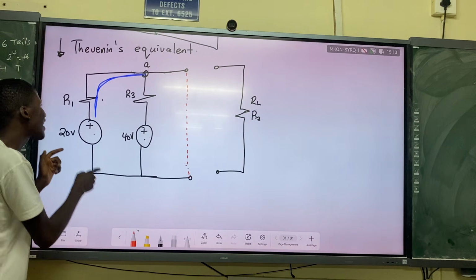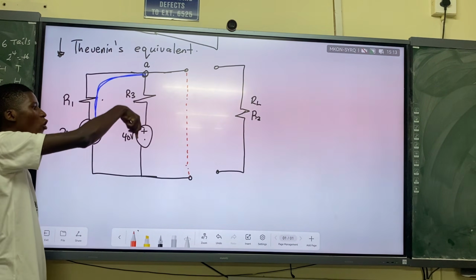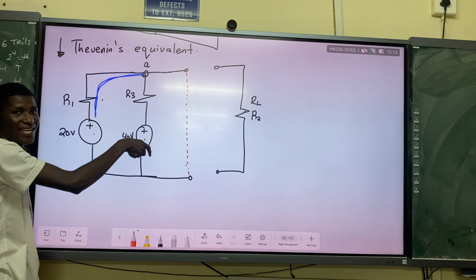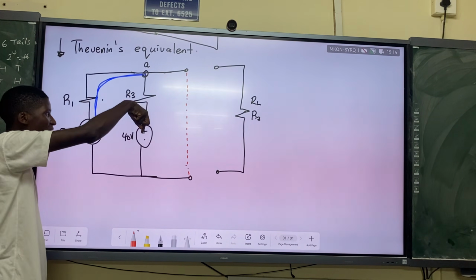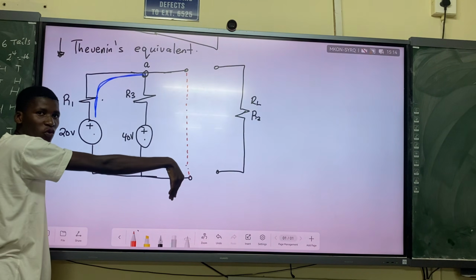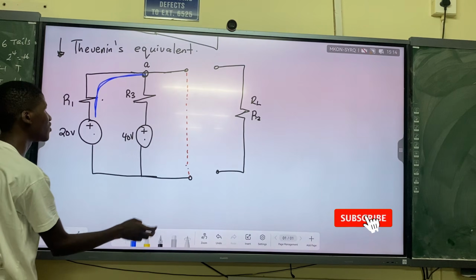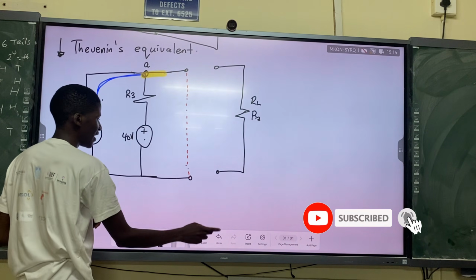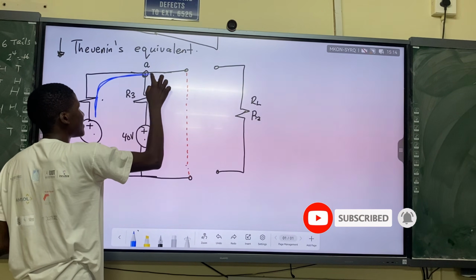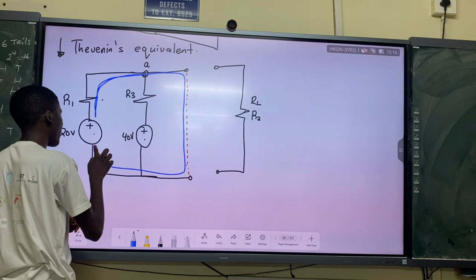So here, this current from the 20 volts, instead of flowing to the 40 volts power source, is not going to go down. Instead, it is going to where it is short circuited, to that conductor that does not have any resistance.